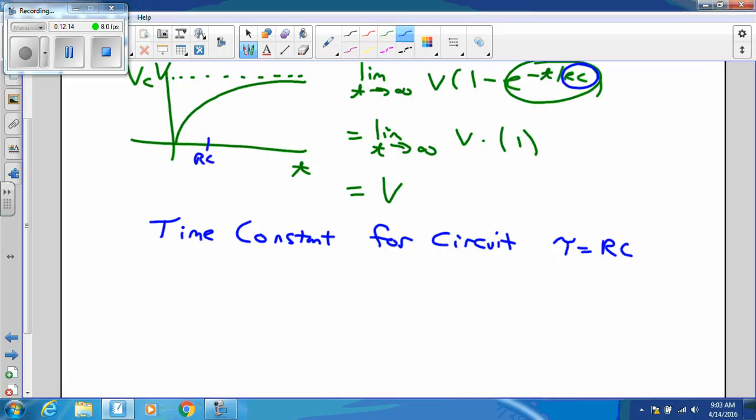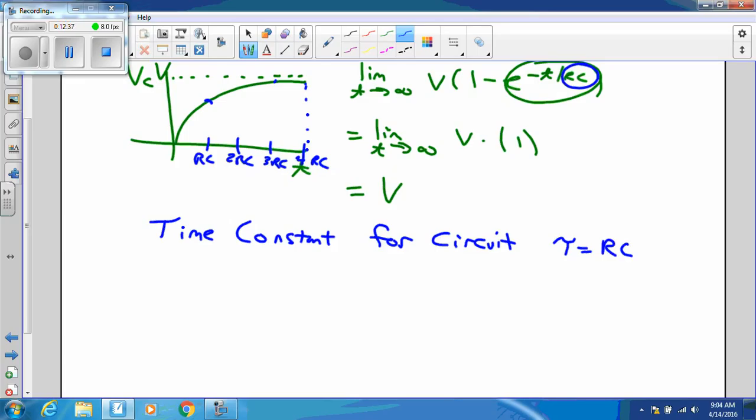If I take a look at the graph right here, then RC, which is measured in seconds, can be plotted along the graph about like this. And what you can observe from this graph here is that after one time constant, my capacitor is kind of full.